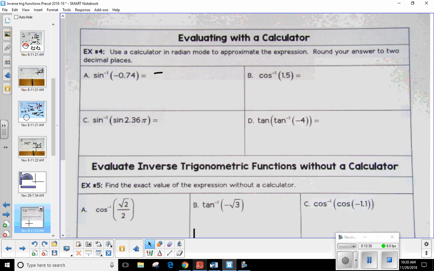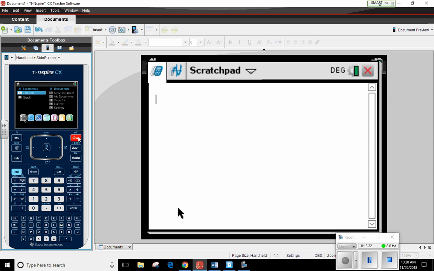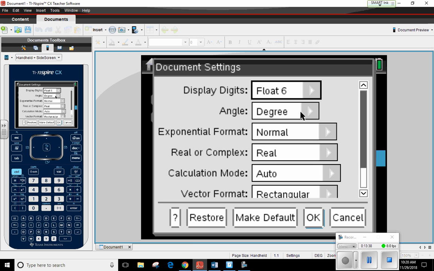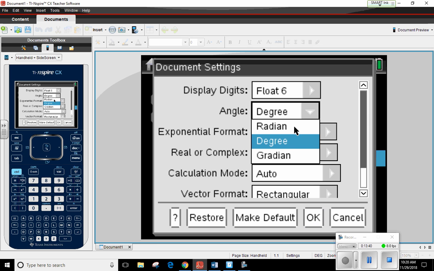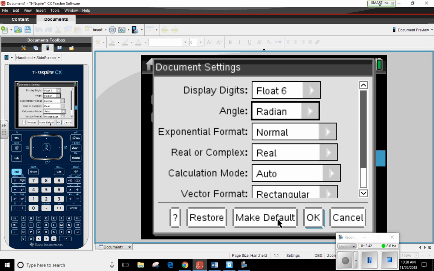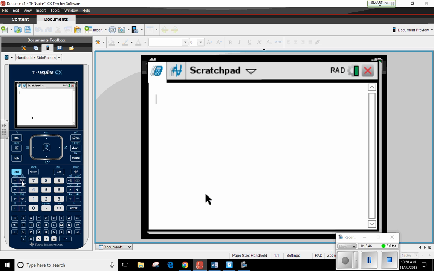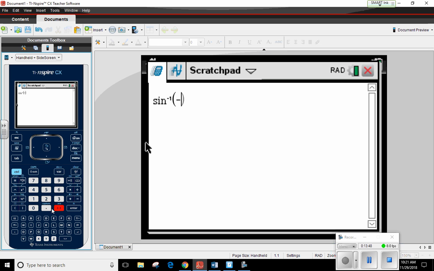Now I'm going to change it to radians first, so go home. Now, if you wanted to actually change your mode, you'll go to settings from your home screen. Document settings, right here, the second tab. Change degrees to radians, and then I want to make that default. Okay, so now let's go in, sine inverse of negative 0.74.